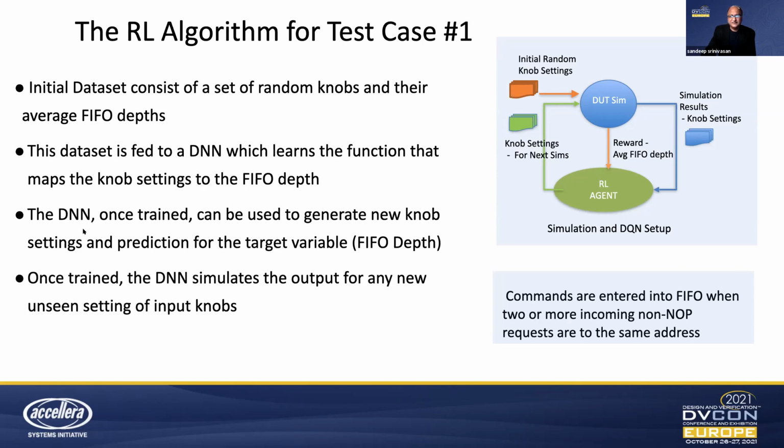So the DNN, once trained, can be used to generate new knob settings and predict the average FIFO depth values. And again, once trained, the DNN essentially simulates the output for any new unseen knob settings, right? So this is the power of a deep neural network, where it can actually fit a function to even highly nonlinear behaviors.